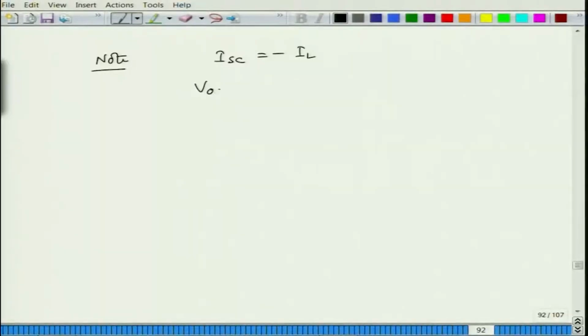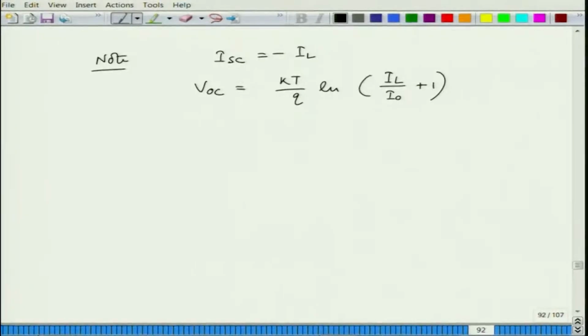And VOC is kT over q ln(IL by I naught plus 1). This you can just get by using that IV characteristic curve, okay, and then converting it to natural log from exponential. Okay. So, these two terms ISC and VOC are very much properties of that particular panel. Okay. The material properties are inside all these IL and I naught. Okay.